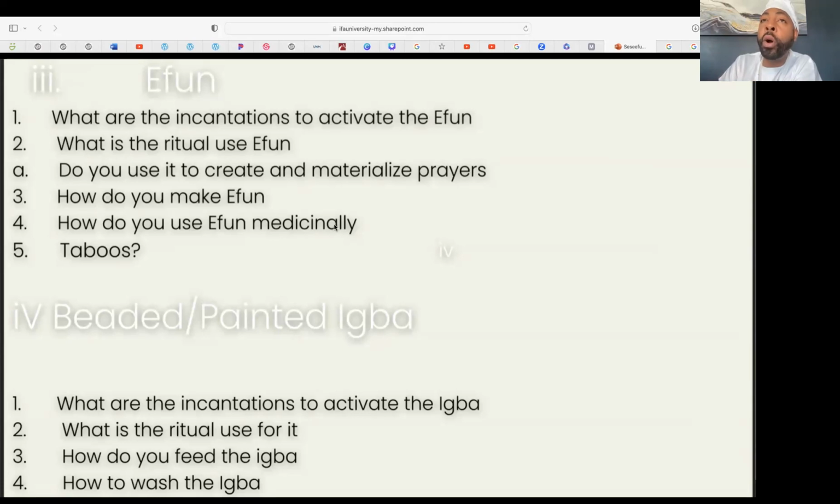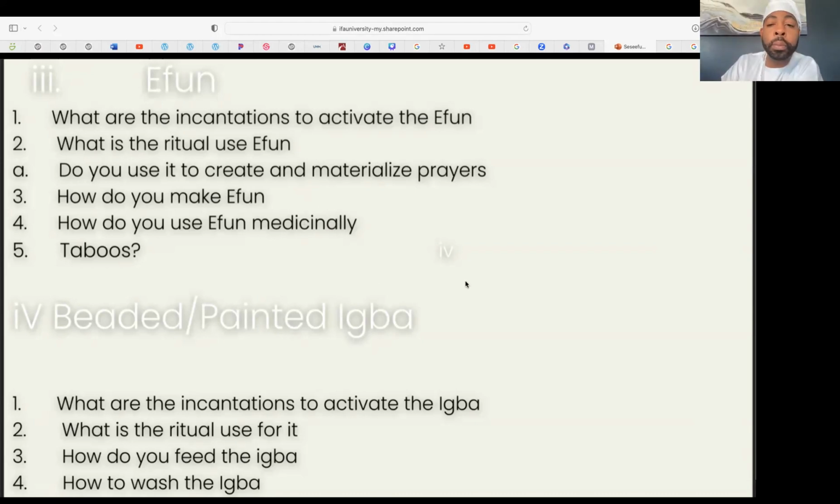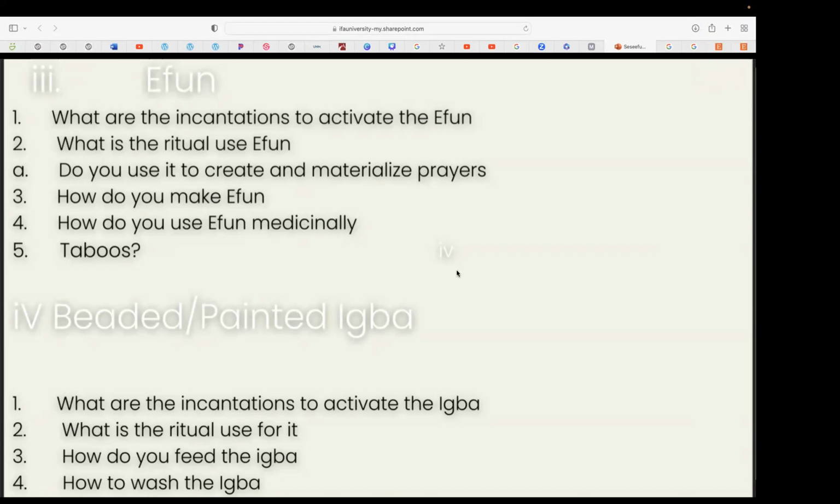So when you all are using it in the daily ritual, do you put the Efun on your face during the regular devotions? Like if you're praying to Ọbàtálá, do you apply it, or do you use it more selectively? Not all the time. But when we are doing rituals, we have to.